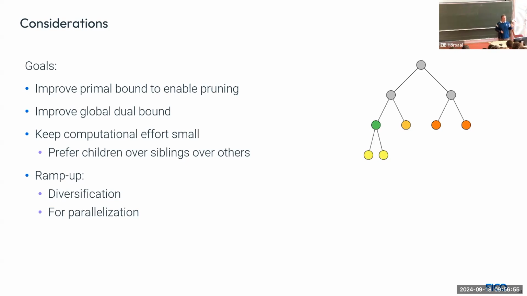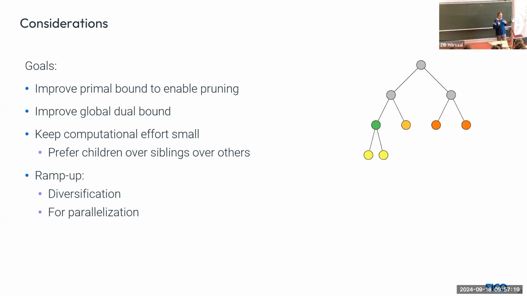Also, like in branching, you might try to improve the global dual bound, like early on in the search space. And I think most importantly, actually, is try to keep the computational effort small when changing from one node to another node. Nodes that are closer to each other are easier to re-optimize.